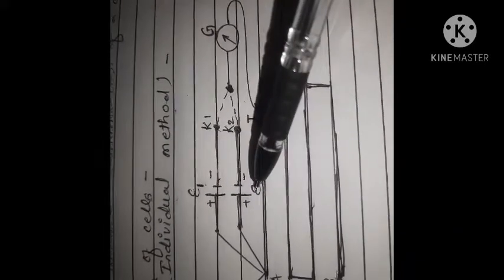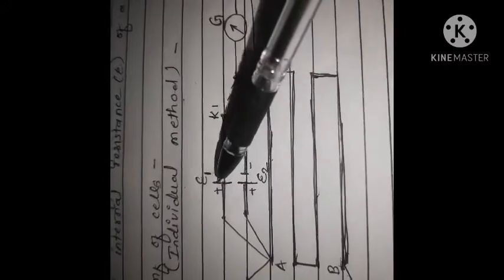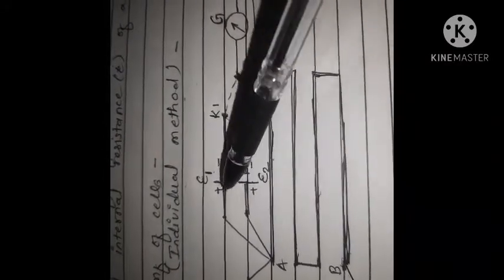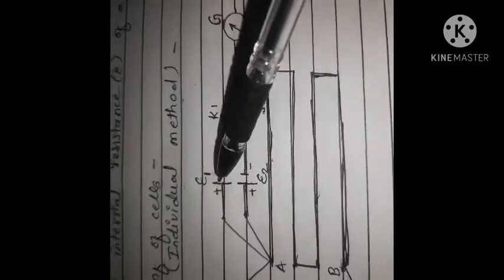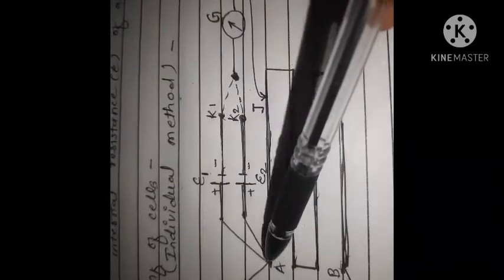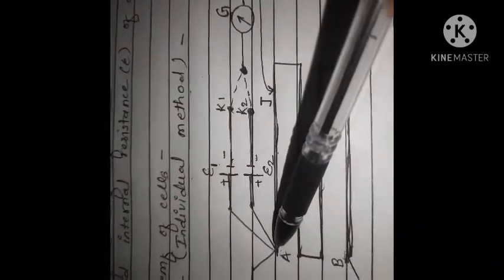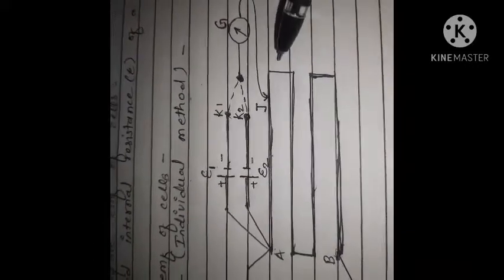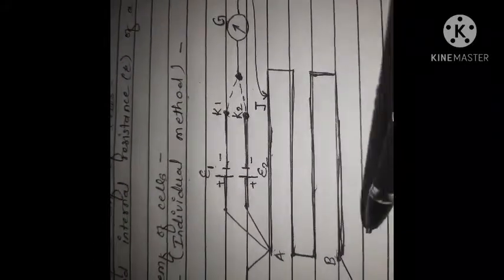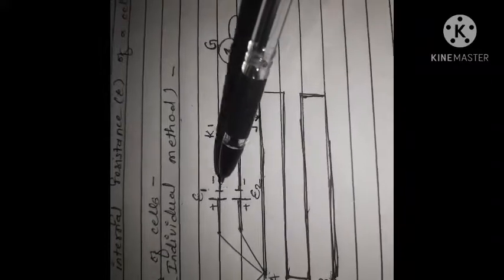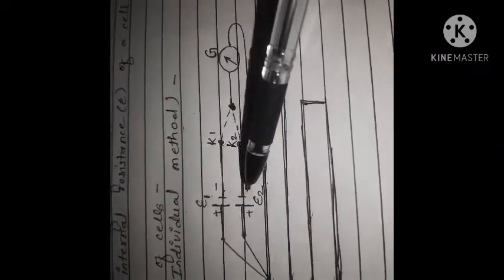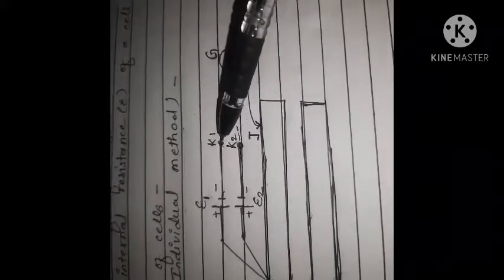Two cells are connected such that the positive terminals of both the cells are connected to point A on the potentiometer wire, and the negative terminals of both the cells are connected to two keys.